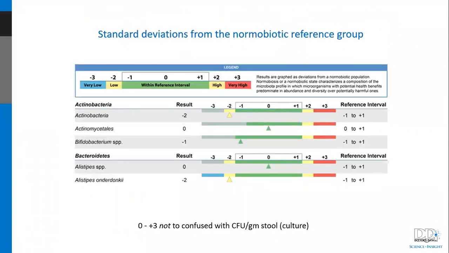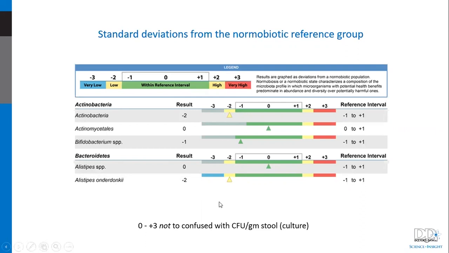Then, to really understand how to interpret those results, we have to realize that we're looking at the results reported as standard deviations away from normal biosis. So 2, 3 standard deviations low, 2, 3 standard deviations high. And we can see that in this case, for something like Allistipes onderdonkii, you can see that it's 2 standard deviations low.